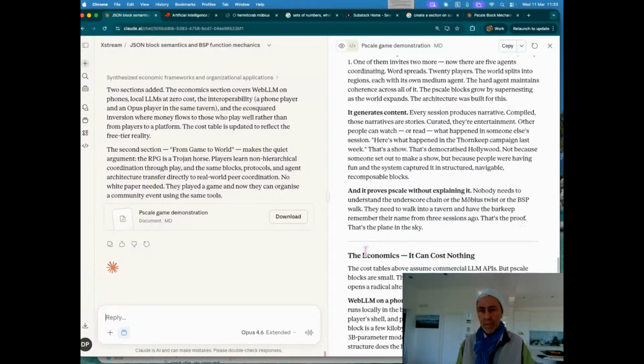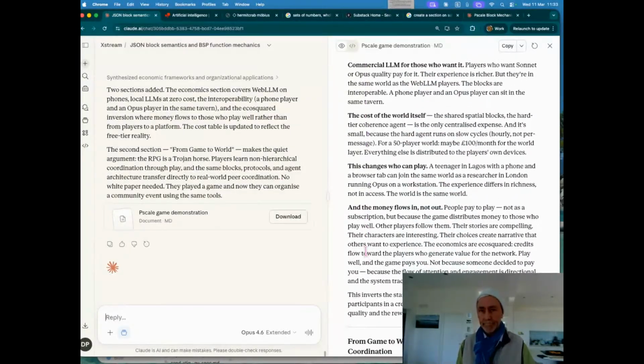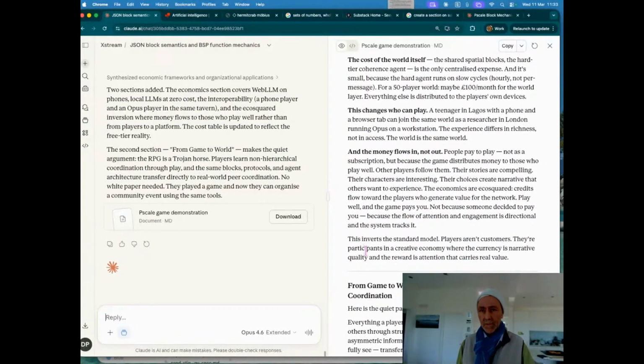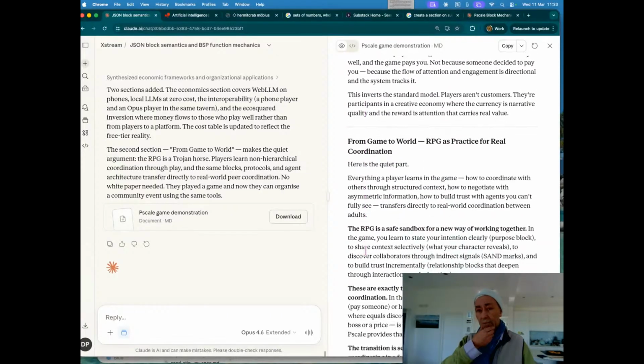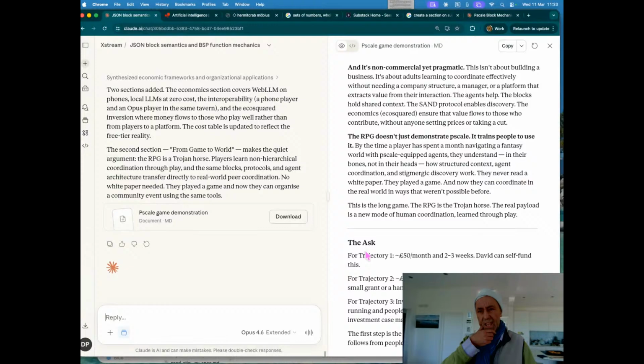It's fun. It can cost nothing. The cost of the world itself: the shared spatial blocks, the hardware, is the only centralized expense. This changes who can play, and the money flows in, not out. People pay to play, not as a subscription, because the game distributes money to those who play well. Game to the world. RPG is a practice for real world coordination. There it is.